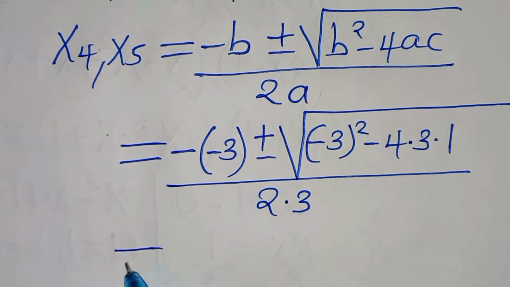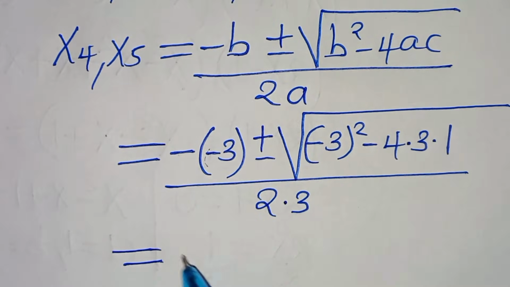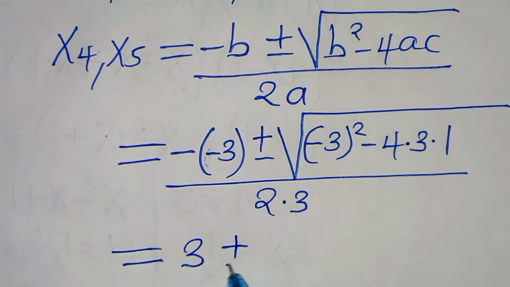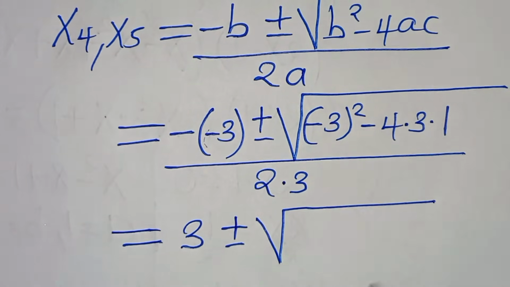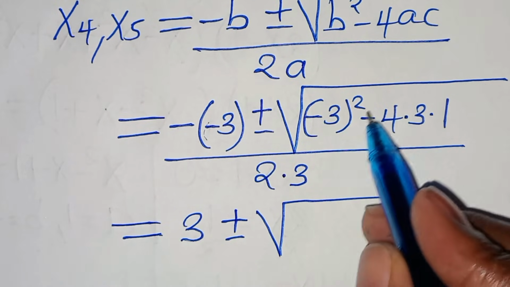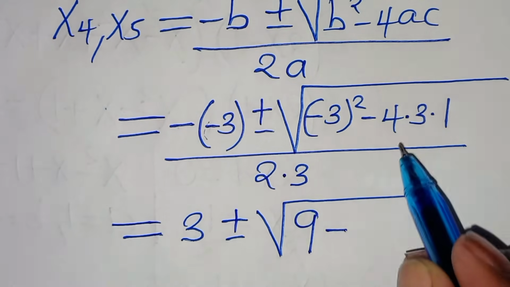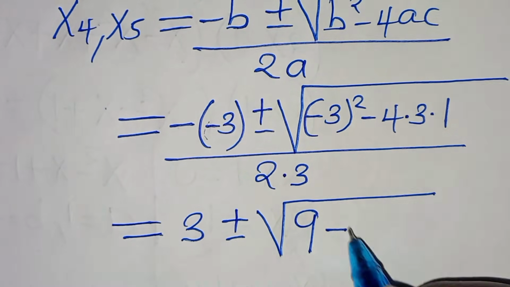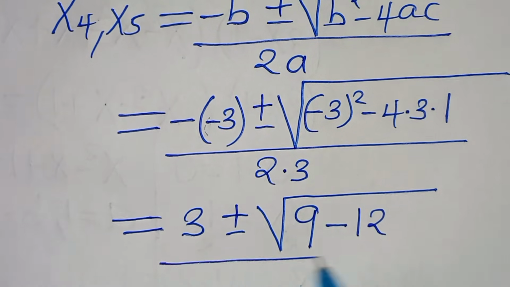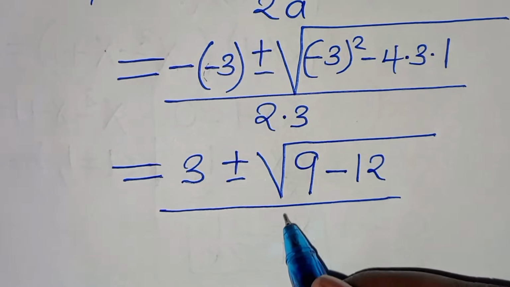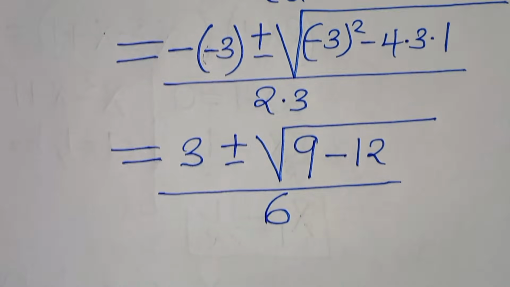So this is equal to minus times minus 3, this is 3, then plus or minus the square root of minus 3 to the power of 2, this is 9, then subtract 4 times 3, 12, then divided by 2 times 3, which is equal to 6.